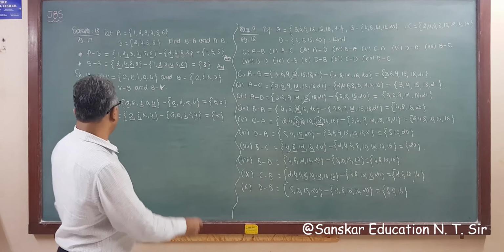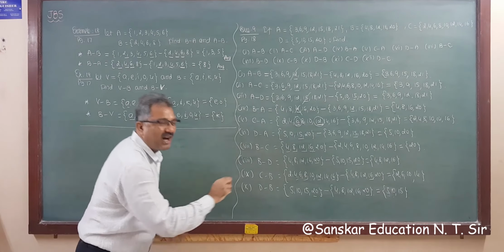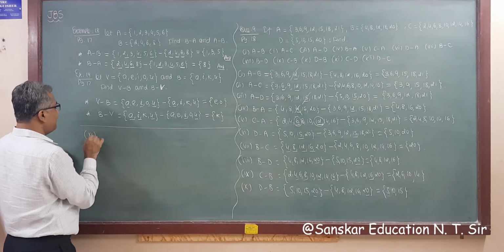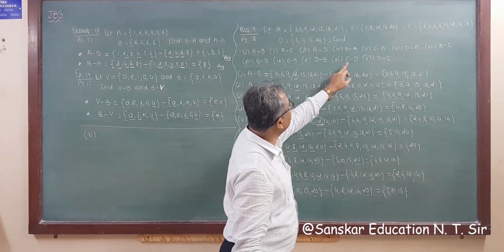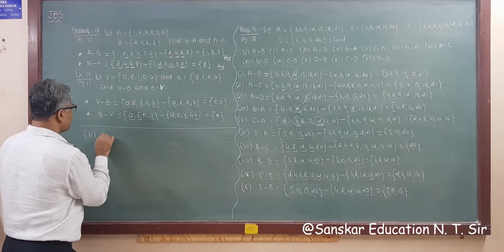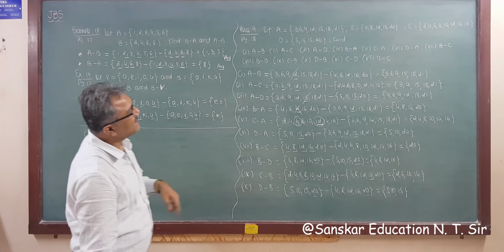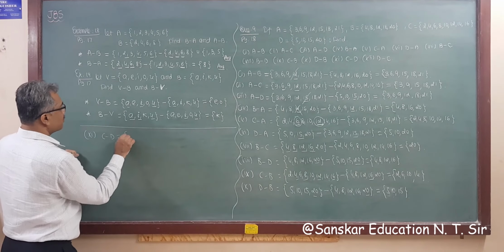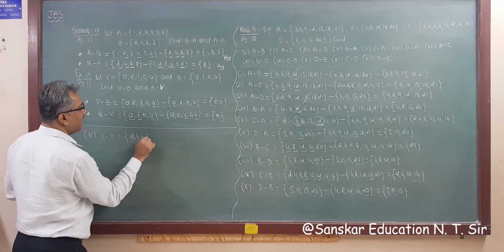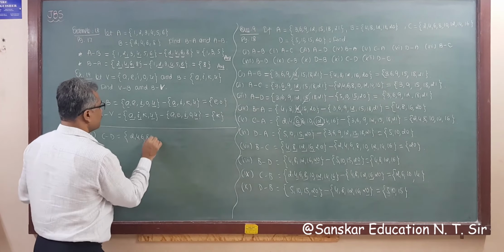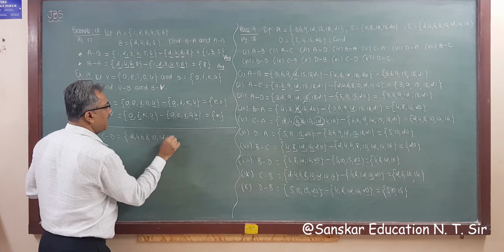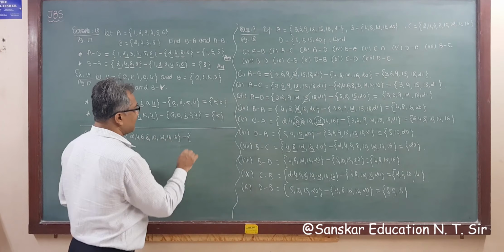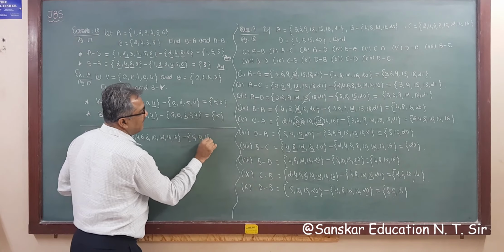Then question number 11. I am writing here because otherwise I have to bend, and I don't want to bend more. Question number 11 is C minus D. Set C is 2, 4, 6, 8, 10, 12, 14, 16, minus D, which is 5, 10, 15, 20.